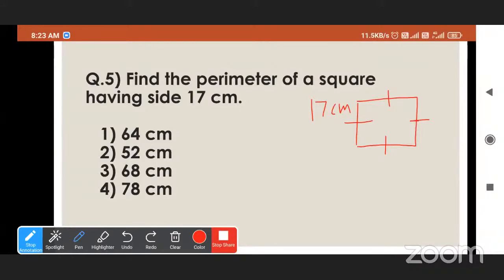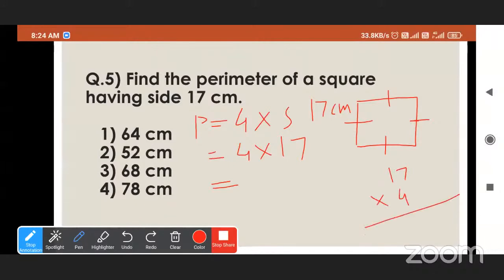What do we have to do? We know the formula for the perimeter of a square is P equals 4 into the length of one side, and here the length given is 17 centimeters. So 4 into 17. Do the multiplication, 17 multiplied by 4. 78 or 68?